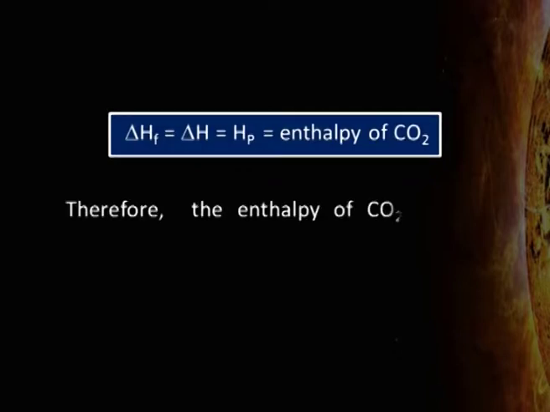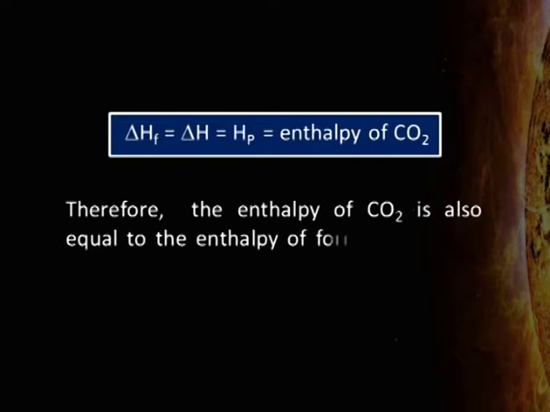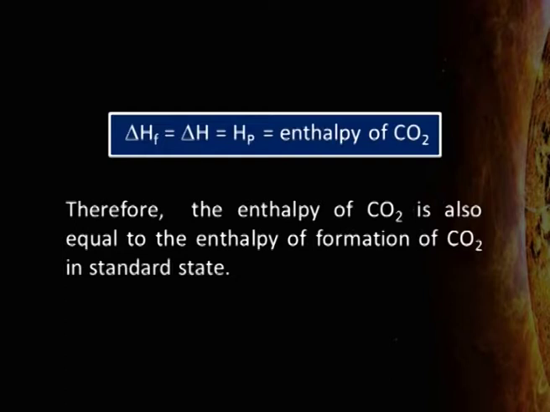Therefore, the enthalpy of carbon dioxide is also equal to the enthalpy of formation of carbon dioxide in standard states. The compounds which have positive enthalpy of formation are called endothermic compounds, and these are less stable than their constituent elements, and the compounds which have negative enthalpy of formation are called exothermic compounds, and these are more stable than their constituent elements.